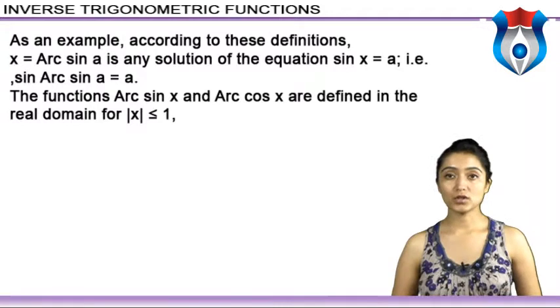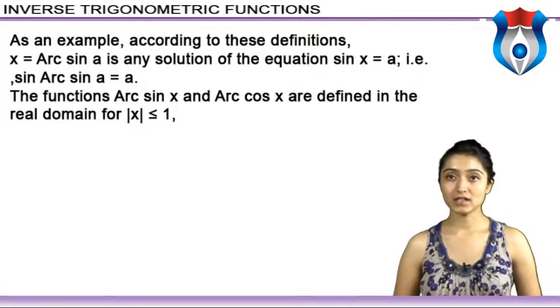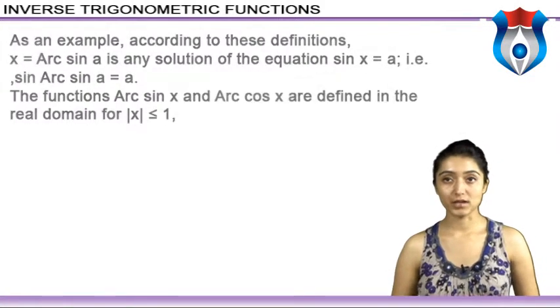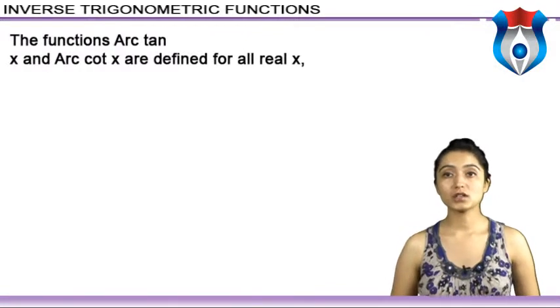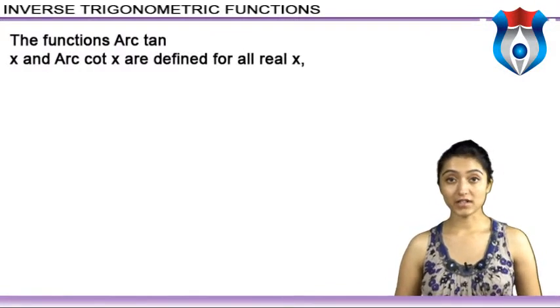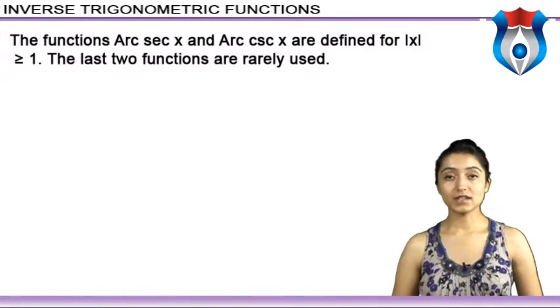As an example, according to these definitions, x is equal to arc sin A is any solution of the equation sin x is equal to A. That is, sin of arc sin A is equal to A. The functions arc sin x and arc cos x are defined in the real domain for mod x less than or equal to 1.